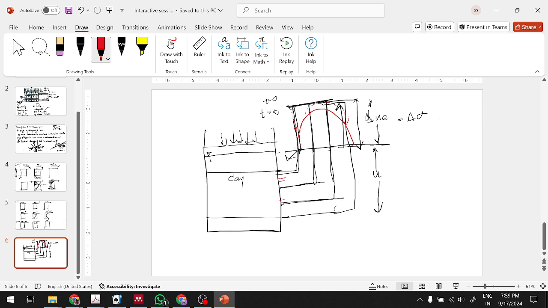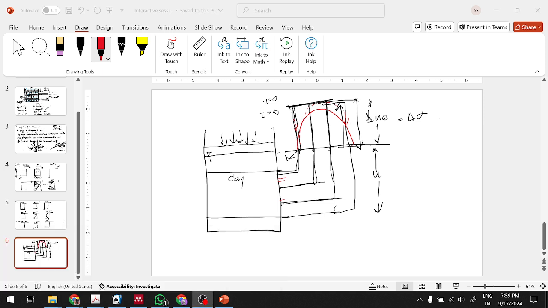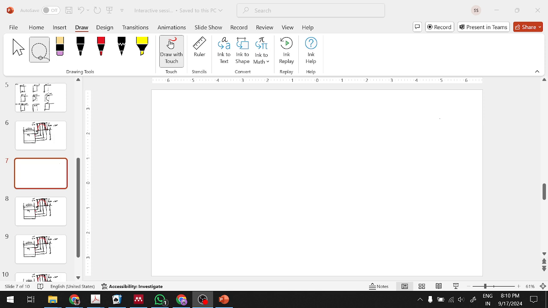Now let's look a little bit into the solution for the equation of consolidation. Okay, so let's talk about the equation a bit.